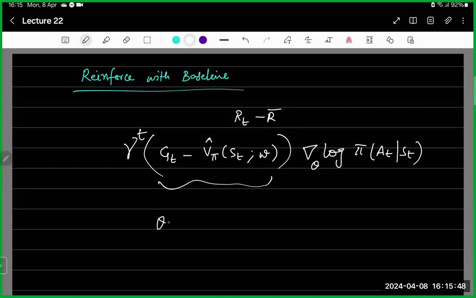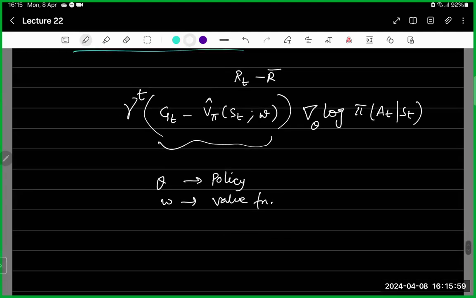So we have some parameters theta for the policy. Similarly, we have some parameters W for the value function. So let's say we are doing the CartPole environment. What can be one simple value function?